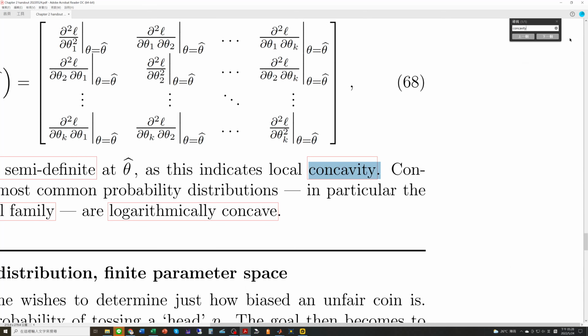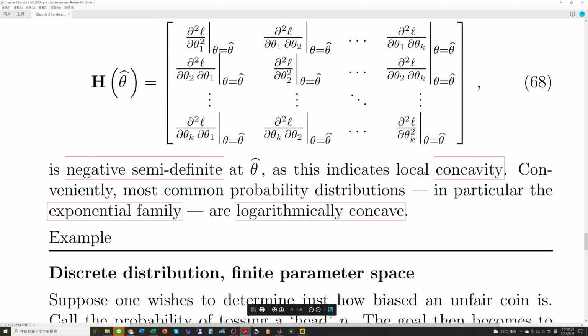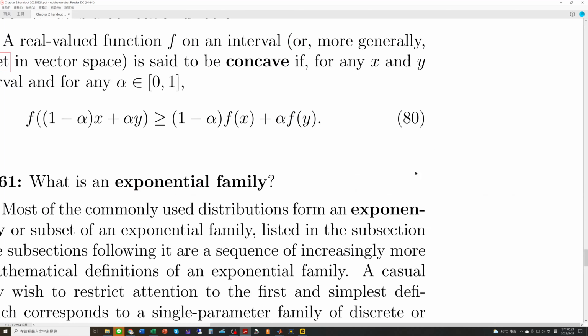Okay, because we have seen concavity in this solution. Okay, the same solution which negative semi-definite is in. Okay, so this is the solution to the problem, what is the maximum likelihood estimation?